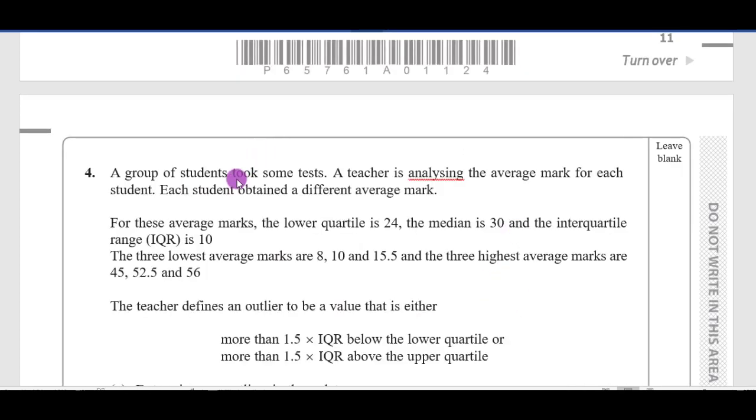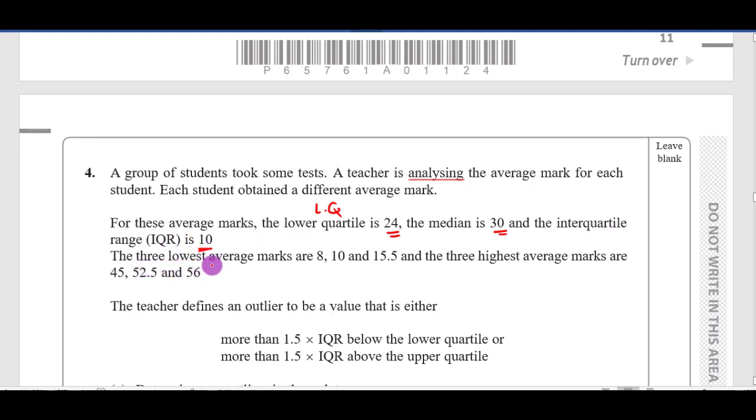Now a group of students took some tests. A teacher is analyzing the average marks for each student. Each student obtained a different range of marks. For these average marks, the lower quartile LQ is 24, the median is 30, and the interquartile range IQR is equal to 10.